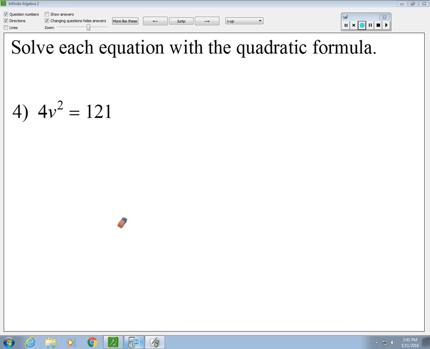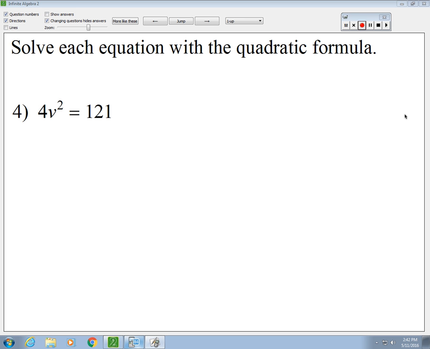Nobody has it yet? When you type in 0 minus 4 times negative 121, you should get 1,936. Then at that point, you could actually type in the square root of 1,936. So type that in, square root of 1,936. Right, so that becomes 44.